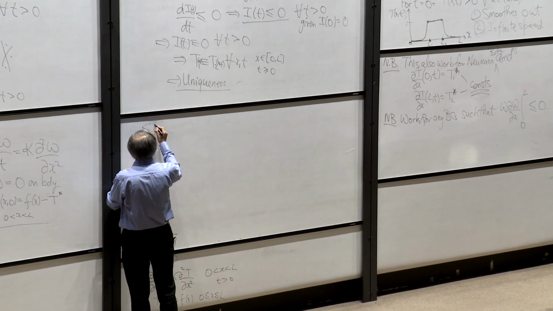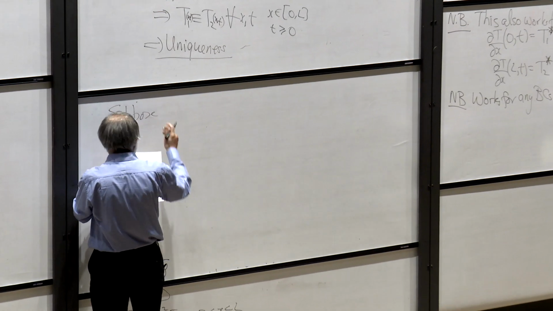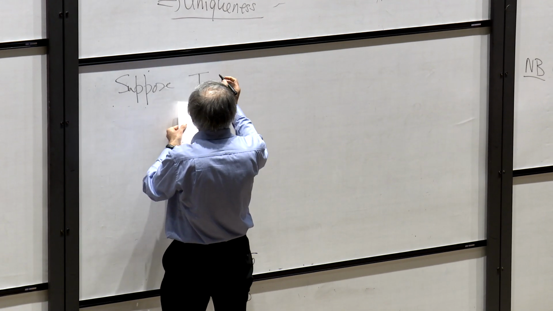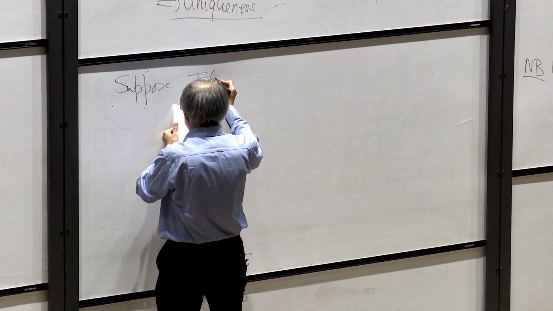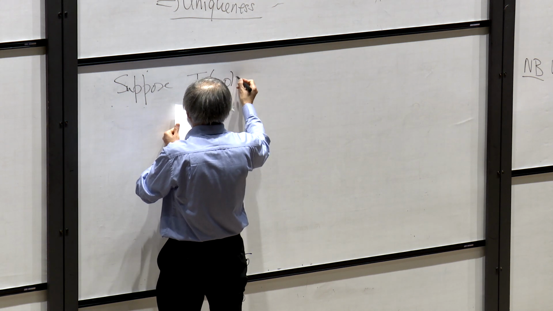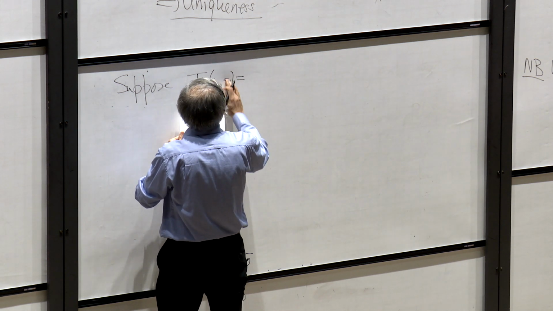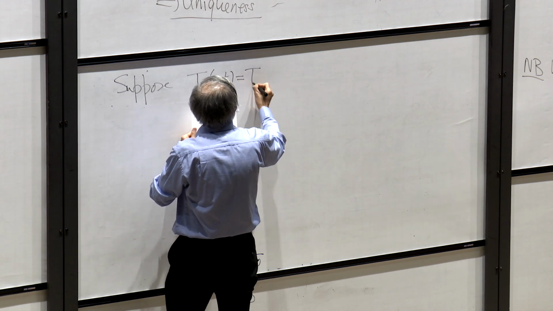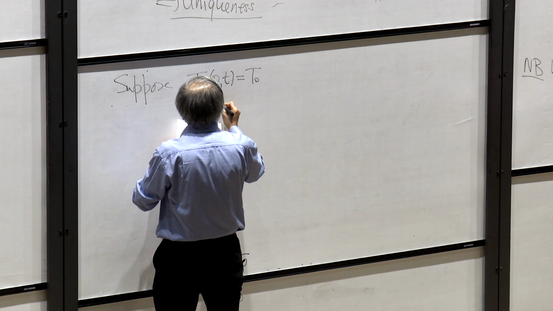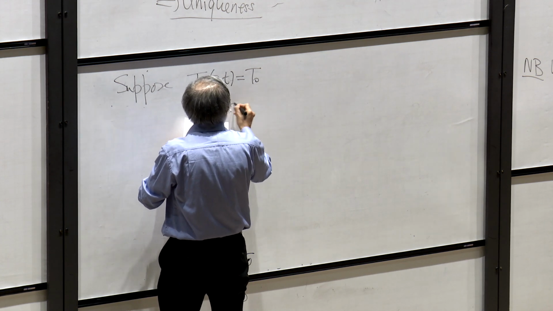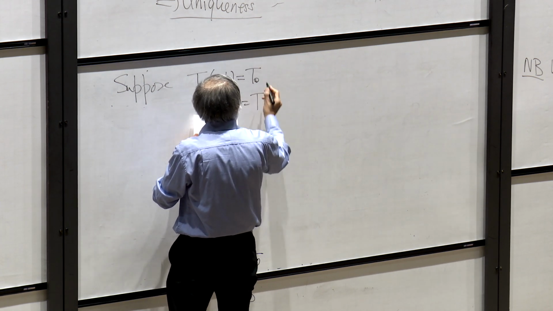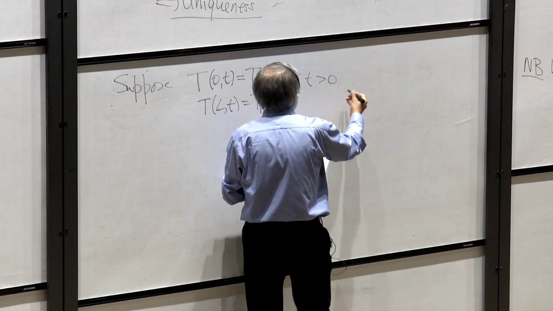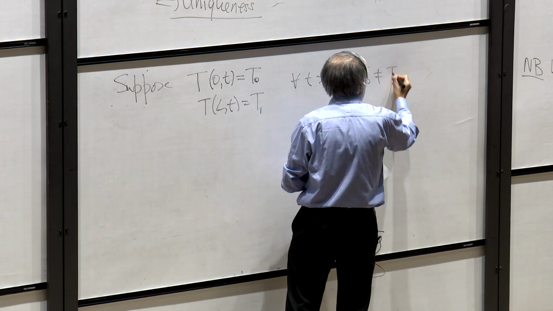Suppose instead T of 0, T was T naught, T of L, T was T1 for all t bigger than 0, and T naught not equal to T1.